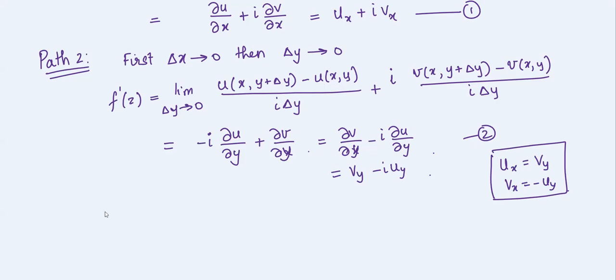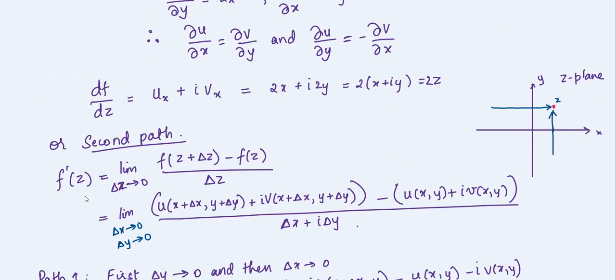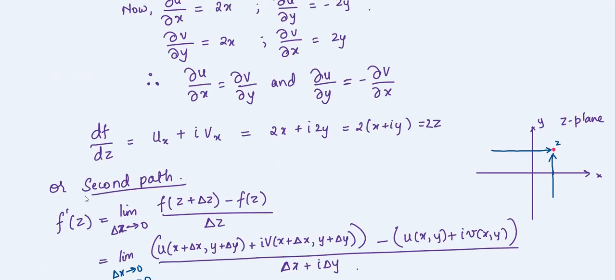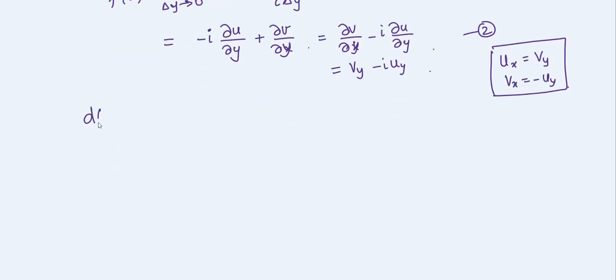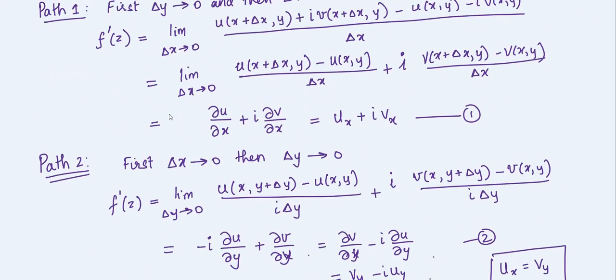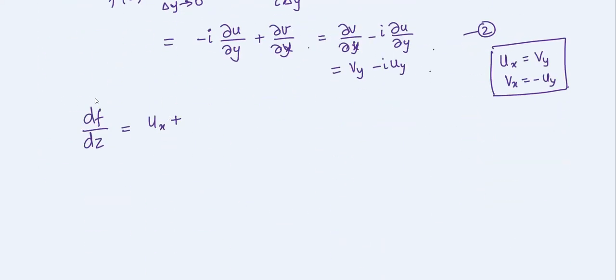So from the first part we did, the derivative df by dz is either u x plus I v x, which is equal to v y minus I u y.